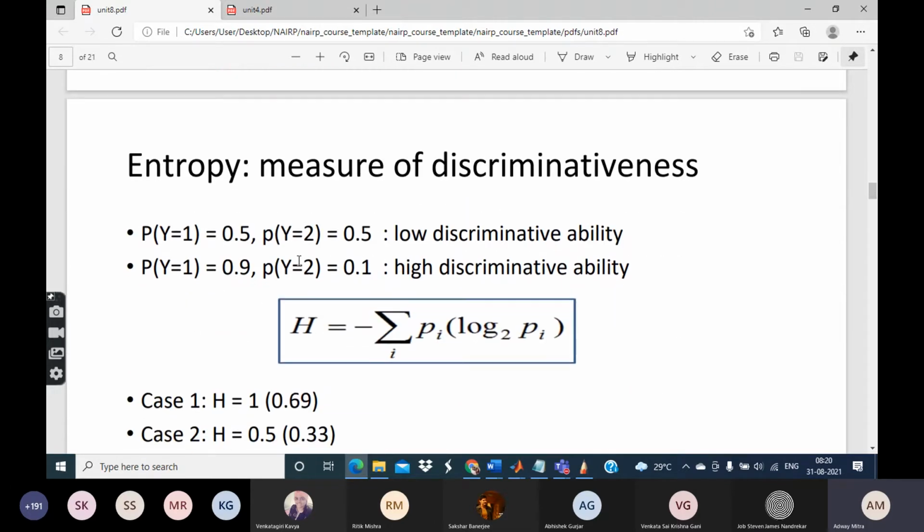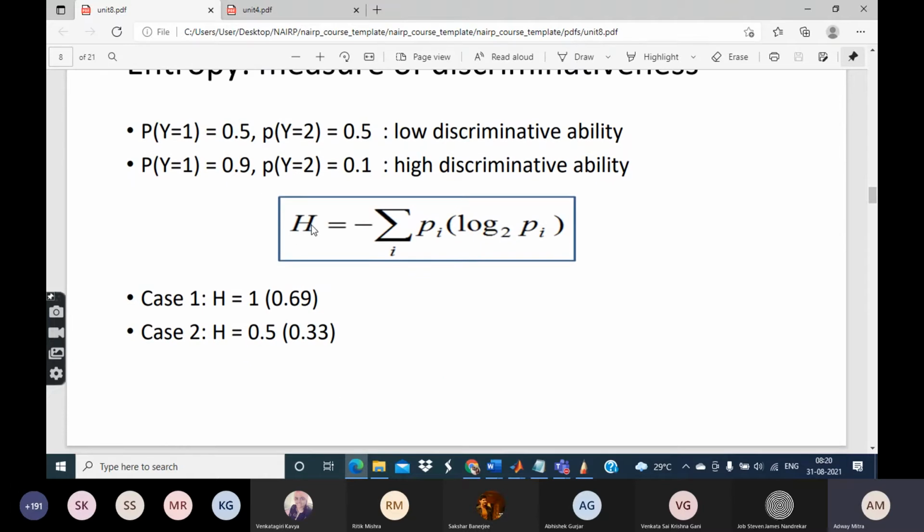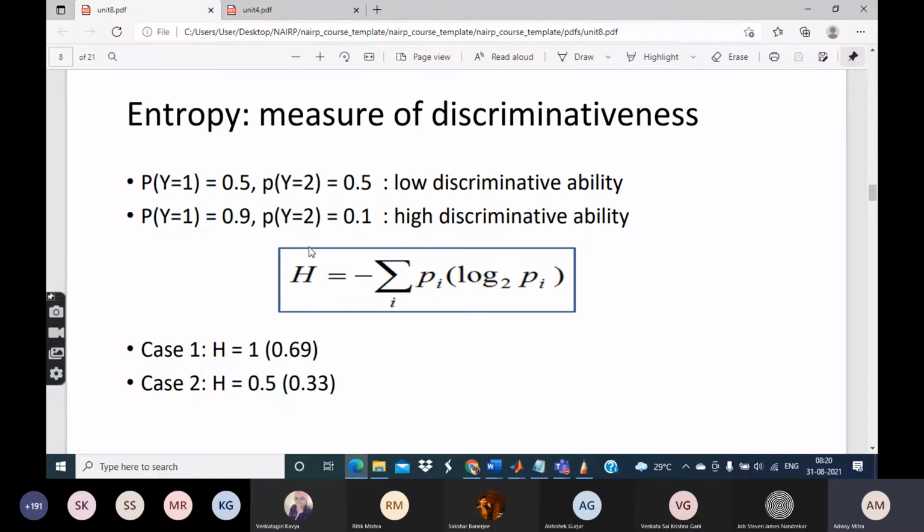Entropy is a concept which many of you would have encountered in physics, chemistry, and maybe other subjects also, especially when preparing for your JEE. Now, in this context, entropy is defined in the following way.